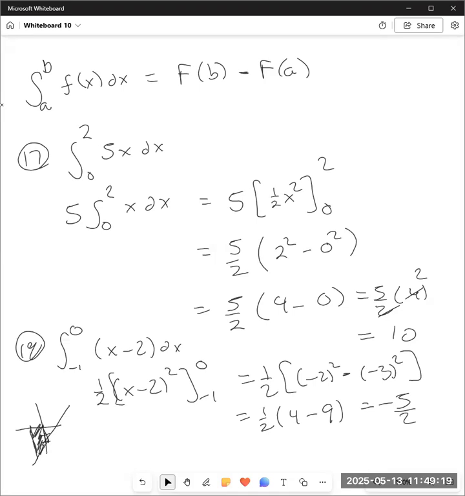So that area would probably not even represent anything meaningful to you, unless you're considering something like surplus or shortage or something like that.